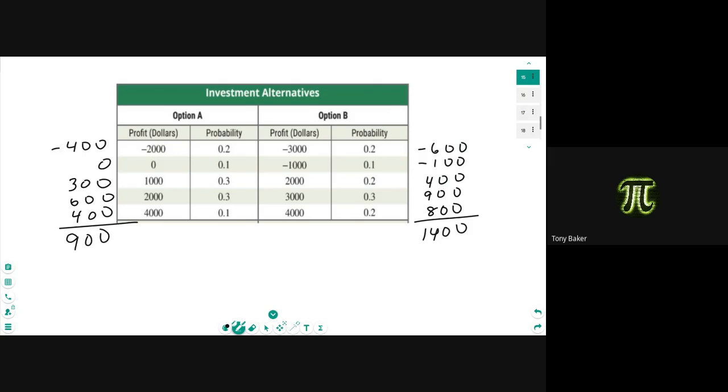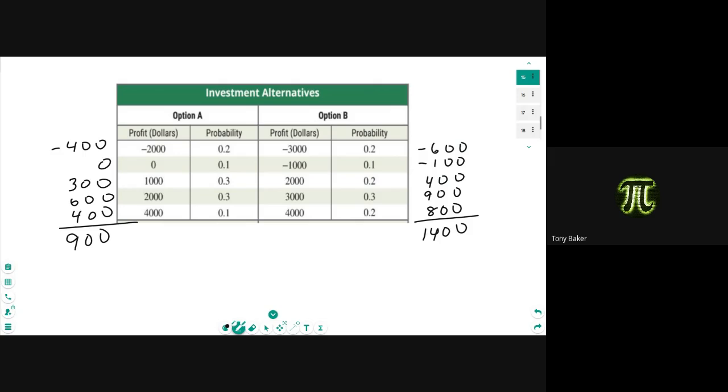So which one's a better investment? B. If the probabilities are correct, you are set to make more money investing in option B on average. Now, this is the major question.